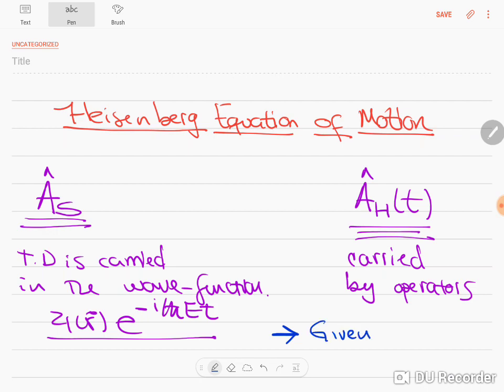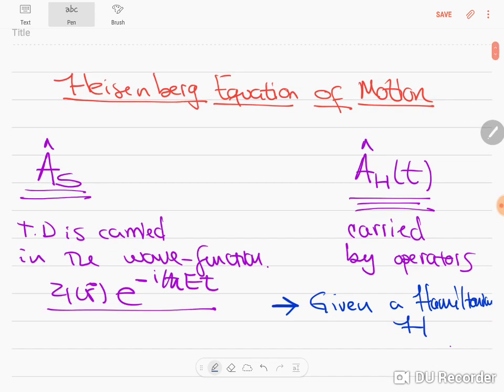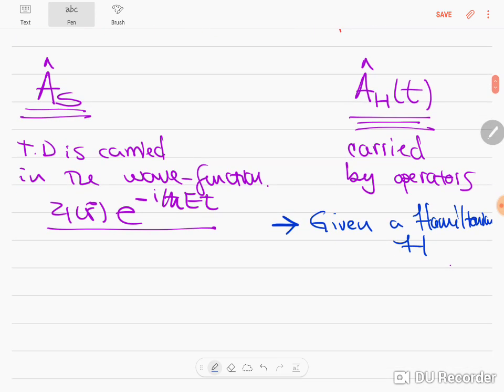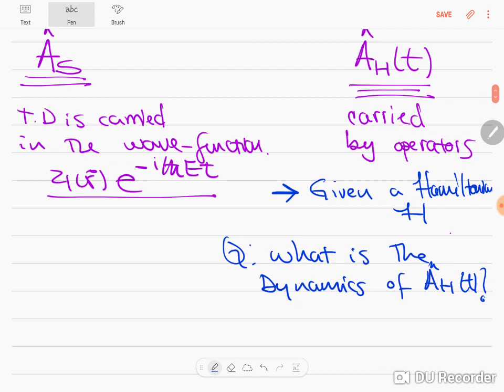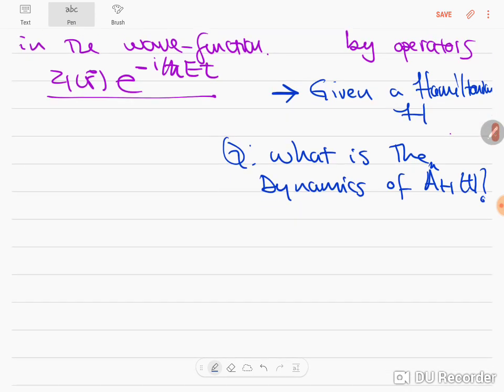So given a Hamiltonian H, the question we want to ask is, what is the dynamics of A sub H of t, which in other words is, how does the operator A in the Heisenberg representation evolve?